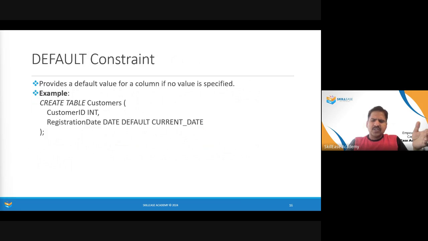Some of the key points to remember: whenever a default constraint is used, it sets the value of the column if no value is specified. It is also used for automatic timestamping. It is used to have a default status, whenever the initial stage of a process has to be active or in an initiated state.